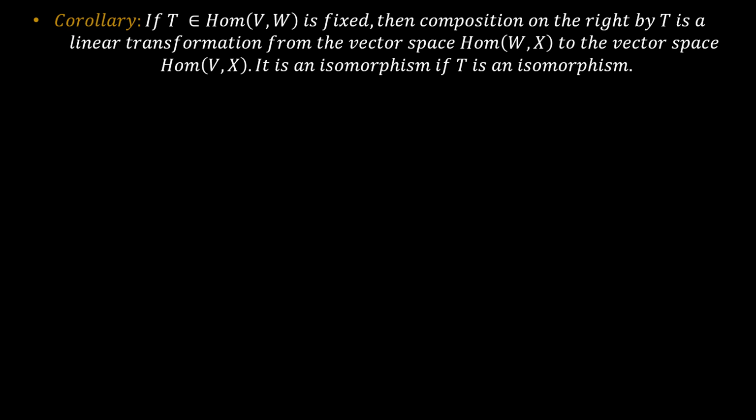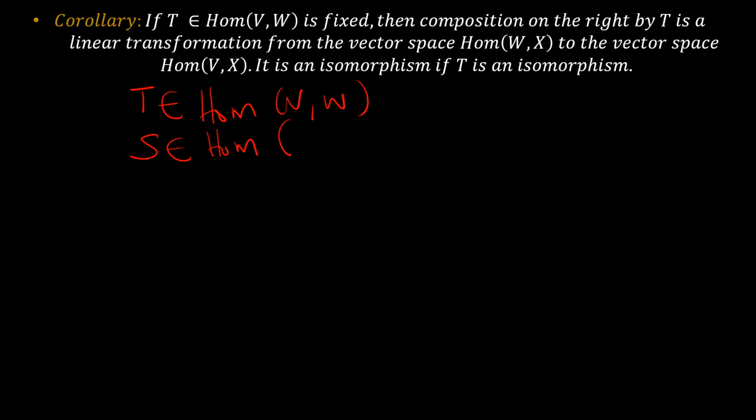And it is an isomorphism if T is an isomorphism. We'll ignore that last sentence for a minute, and say that since T is a member of the homomorphism VW, let's assume there is another S that is an element of the homomorphism.